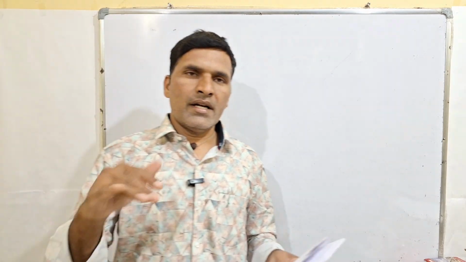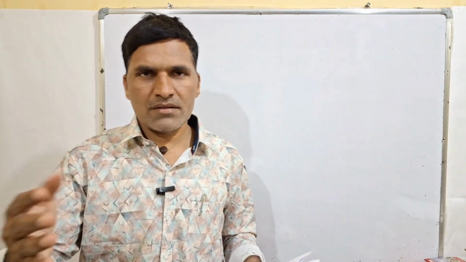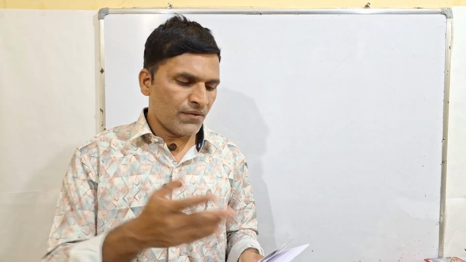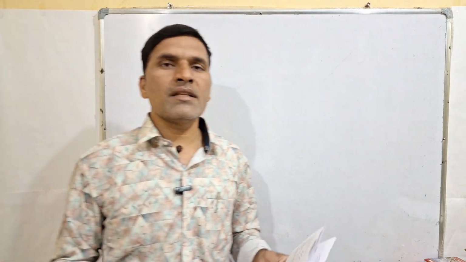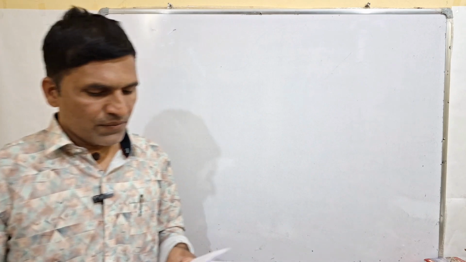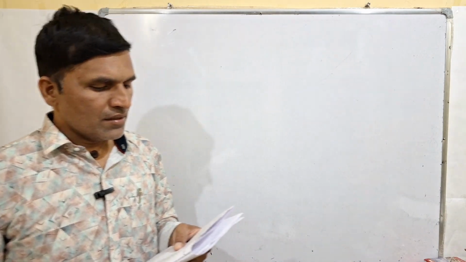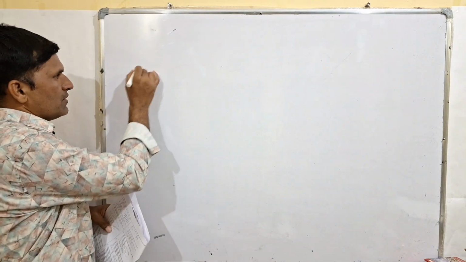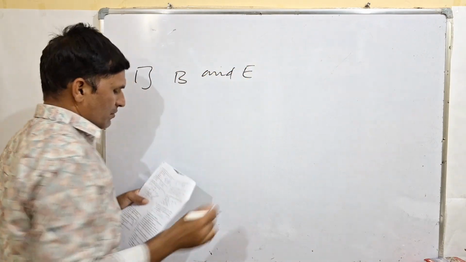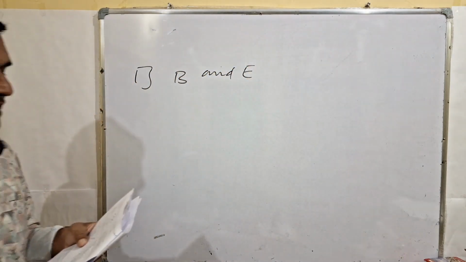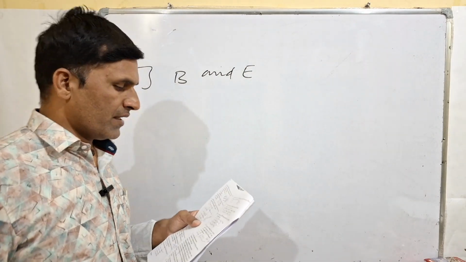The aldehyde group, and as that aldehyde group is involved in the ring in glucose, these two tests are not given by glucose, and it is the evidence for the ring structure, you should remember. So therefore the first option is the right option, that is B and E. B is your Schiff's reagent and E is your sodium bisulfite, right?